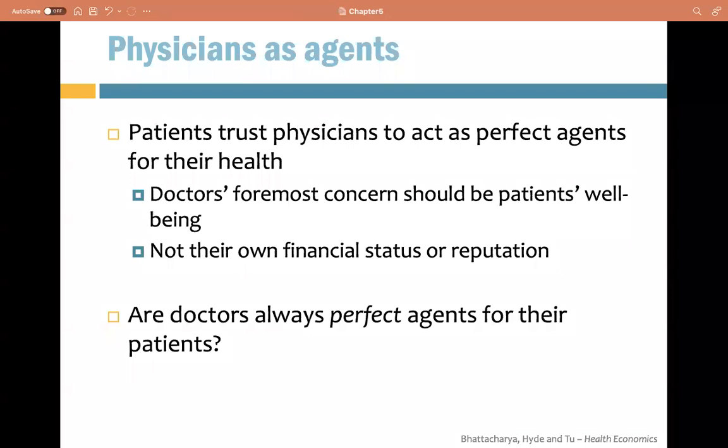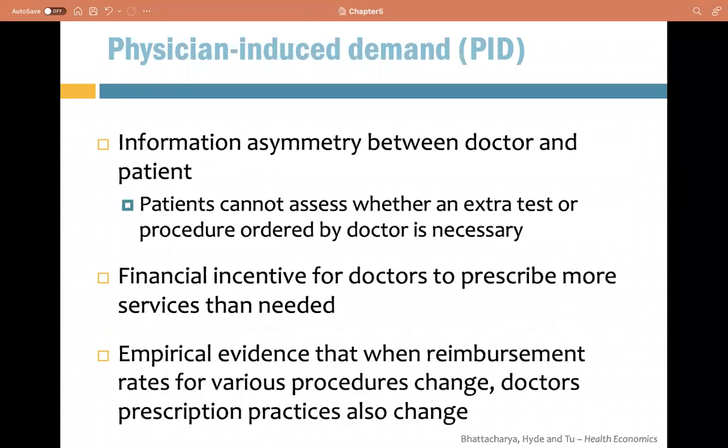So we think of them as perfect agents. They are perfect because they have the same incentive as us, instead of thinking about their own financial status or reputation. But the problem is whether our doctors are always perfect agents for our health. That depends on how the physician payment or reputation system is designed.